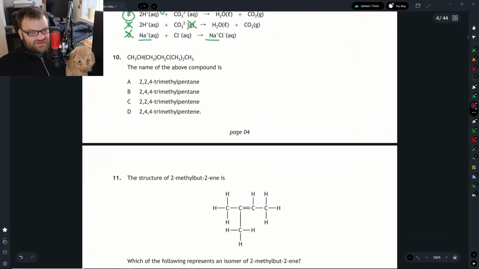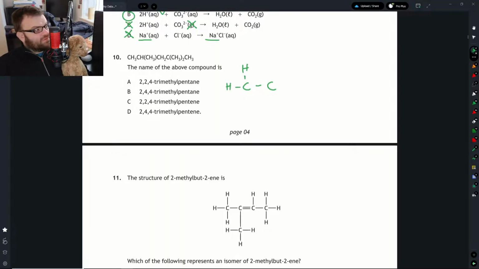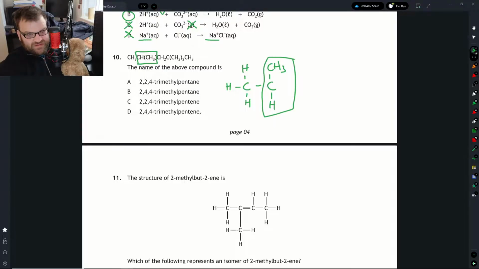Next up, we're asked to name this chemical. I would sketch it out just to make life a little bit easier. So we have a carbon with 3 hydrogens. We have a carbon with a methyl group, that's what that's called, CH3, and a H. So that bit there is that bit there.